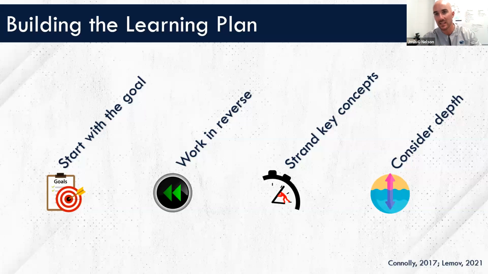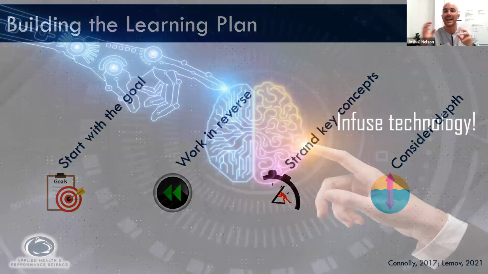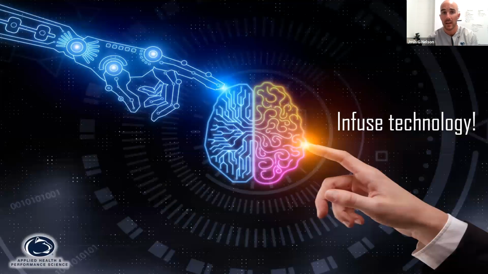Okay. The last thing we'll leave you with is anytime we can find a way to infuse technology while we're planning or we're delivering educational opportunities, it's going to allow us the ability to continue to scale these opportunities to other situations.